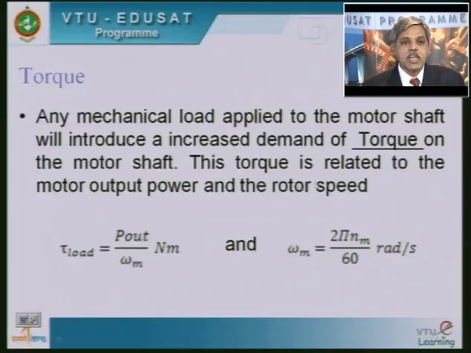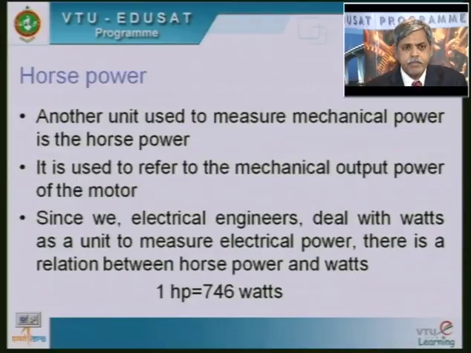The torque is related to the motor output power and the rotor speed. So, torque under load condition will be the output divided by the mechanical speed of the motor, where mechanical speed will be 2 pi Nm divided by 60, measured in radians per second. Nm is the speed of the motor under running condition, measured in revolutions per minute.